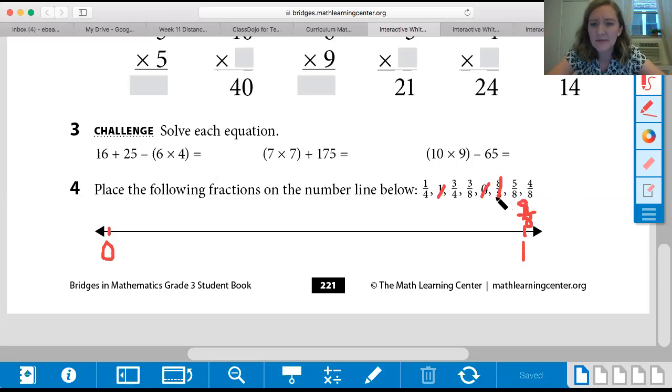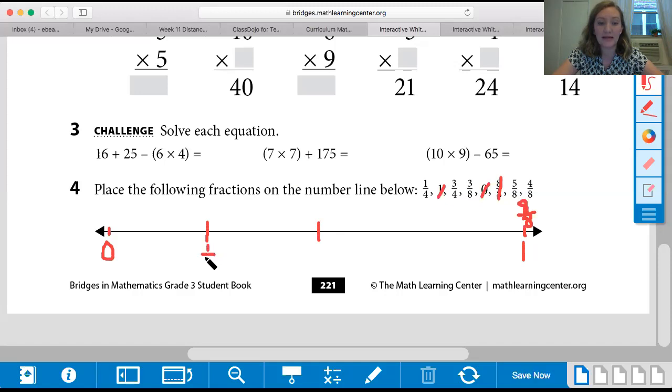So let's think about where some of these other things would go. 1/4. Well, I remember that 1/4 is halfway between 0 and 1/2, right? 1/4 is like half of a half. So let's see. This is about halfway between 0 and 1/2. So I know that this must be 1/4.